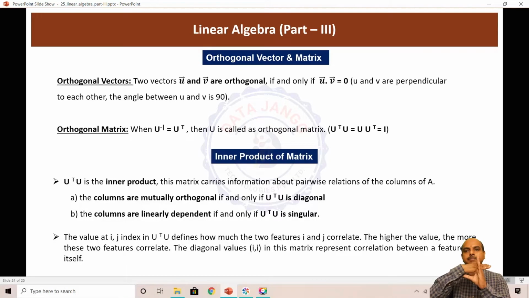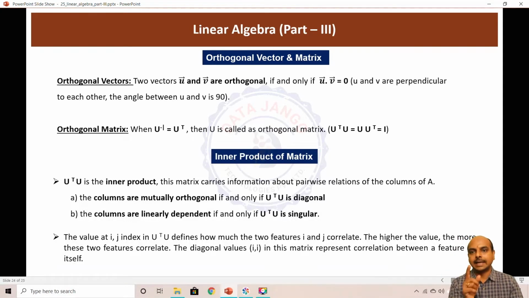When they are perpendicular, multiplying one vector with the other gives 0. We have seen that when you multiply two vectors, you always get a scalar. So when two orthogonal vectors are multiplied, you get 0.